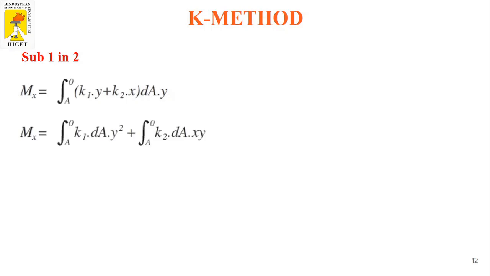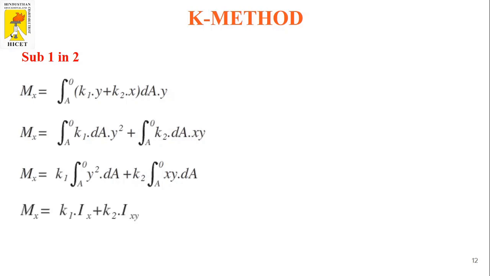If you separate these two terms, k1 y and k2 x, we have the integral of k1 y square dA plus the integral of k2 x y dA. k1 and k2 are constants, so you can take them out of the integration, and we have k1 integral of y square dA plus k2 integral of xy dA. The integral of y square dA can be written as Ix, and the integral of xy dA can be written as Ixy, where Ix is the moment of inertia about the x-axis and Ixy is the product moment of inertia. You can take this as equation number 4.